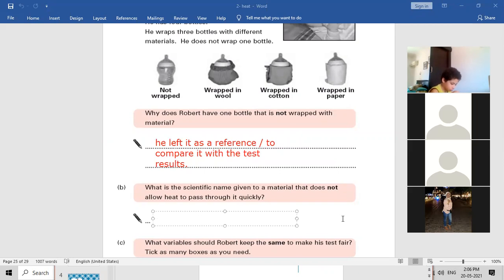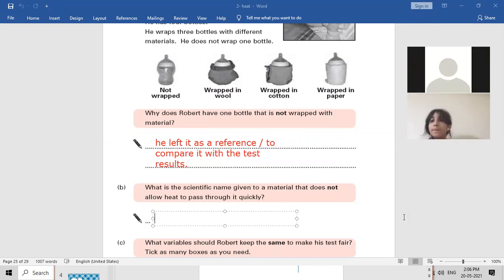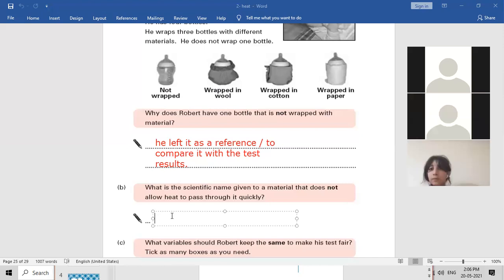Ruqayya. Yes. Can you answer this one? What is the scientific name given to a material that does not allow heat to pass through it quickly? I can't understand page 67.